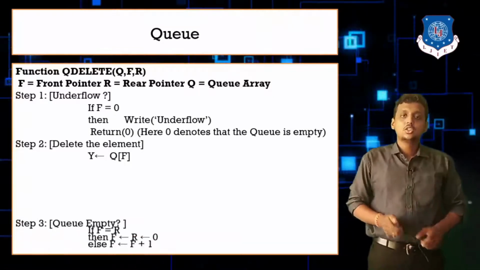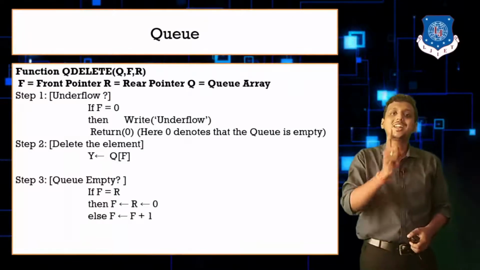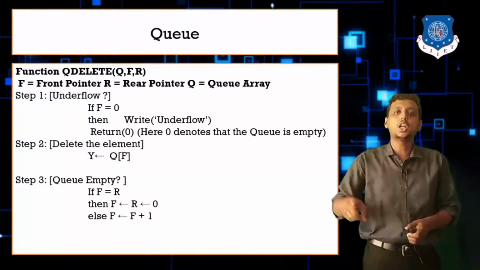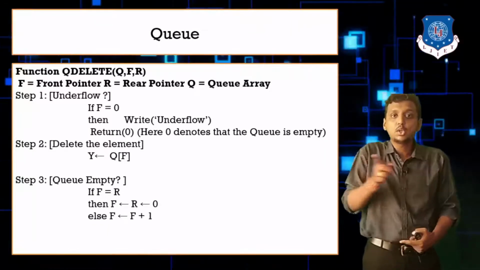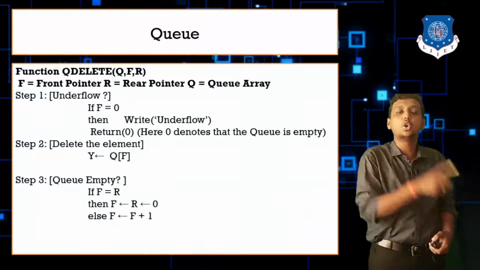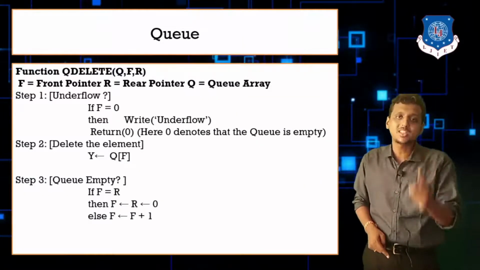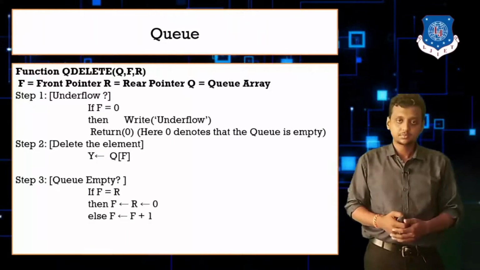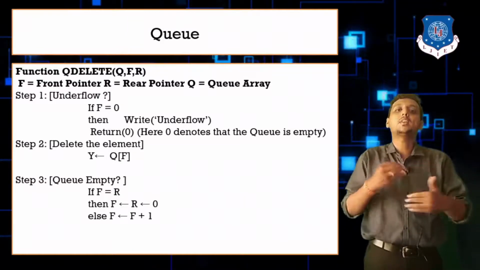So first you need to check whether my front and rear are at the same position or not. That step is: if f is equal to r, then move f and r to 0. Again, if f is equal to r, then move f and r to 0, because it only happens when the q is empty, and when the q is empty, my front and r both point to 0. If it's not like that, then we just need to increment our front pointer.